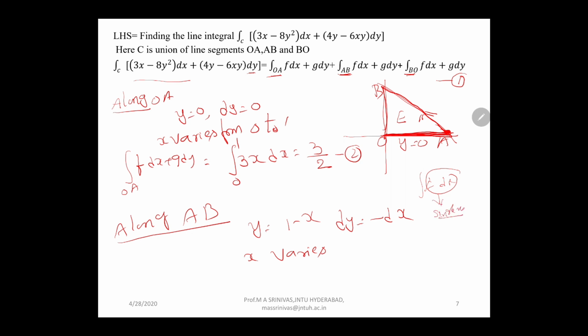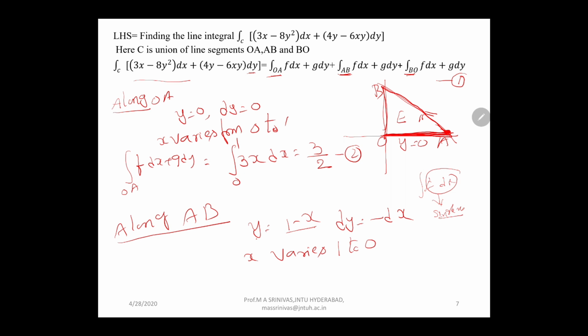Whatever you do, may take parametric form or convert in terms of x alone or y alone based on the equation of the curve. Here is the equation of the curve. From this curve I can replace wherever I have y with 1 minus x, which will be in terms of x, and dy we can replace with minus dx. x varies from 1 to 0.